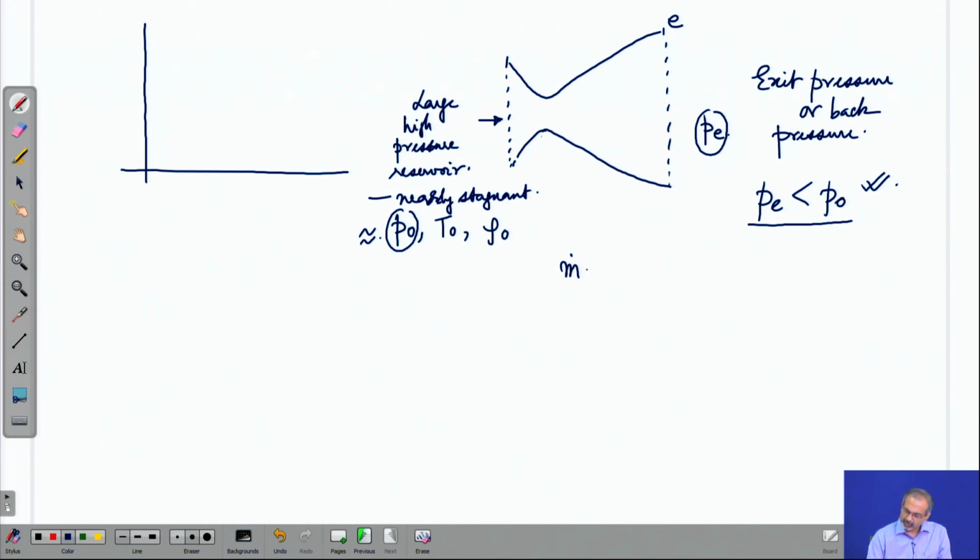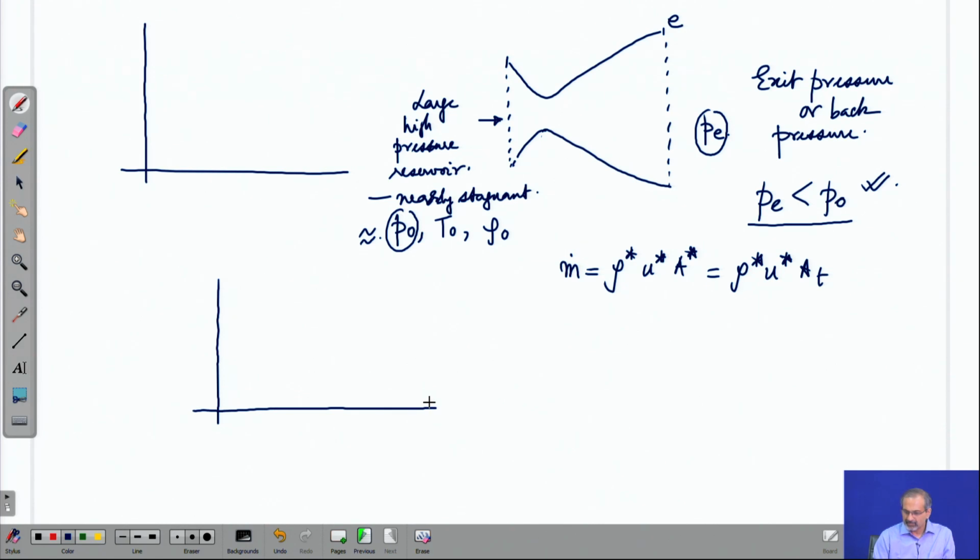It increases up to a point where sonic conditions are reached at the throat of the CD nozzle. Beyond that, the mass flow rate does not change anymore, because the dimensions that you have reached are the minimum dimensions available in that CD nozzle, and also you have reached sonic condition.